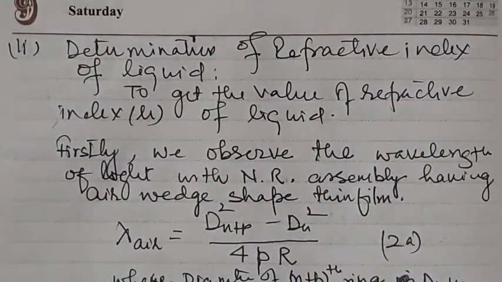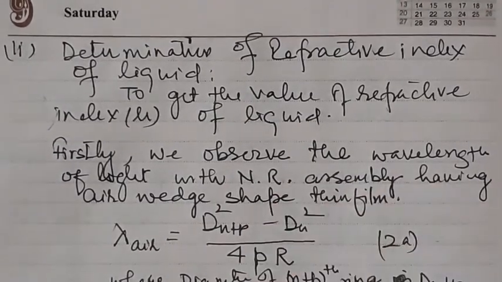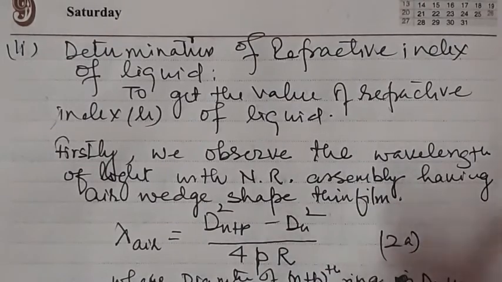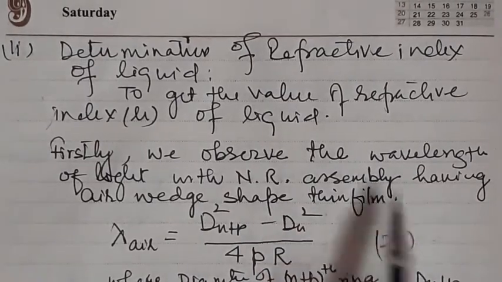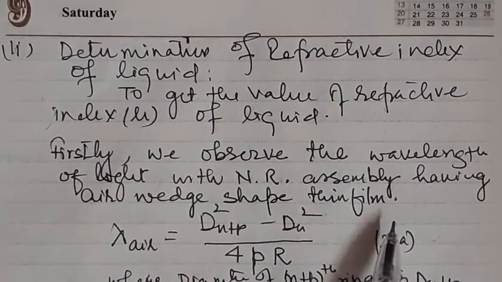Now, how do we measure the refractive index of any liquid? For the determination of the refractive index of any liquid, we first observe the wavelength of the light with a Newton ring assembly having the air wedge shaped thin film.